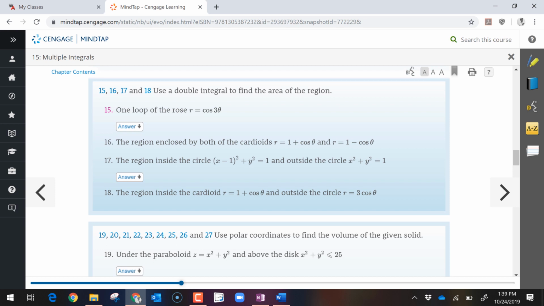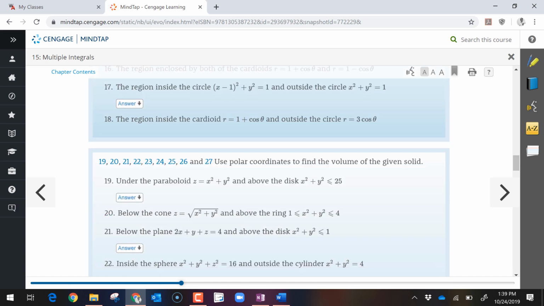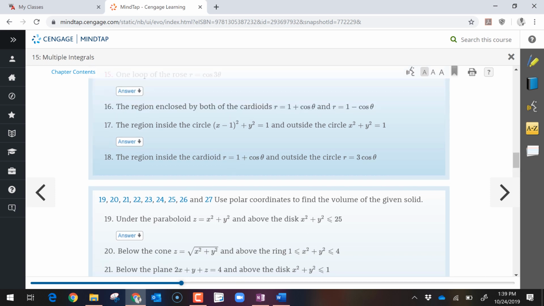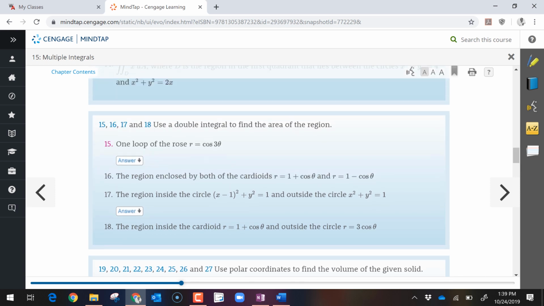Oh, I don't think I told you. You can find areas using double integrals. I think I was going to tell you that next section. Double integrals have been usually for finding volumes, right?